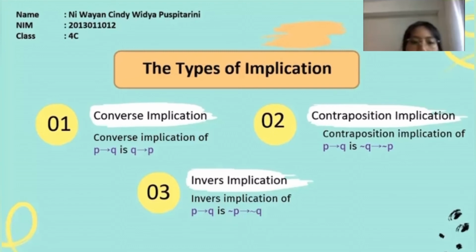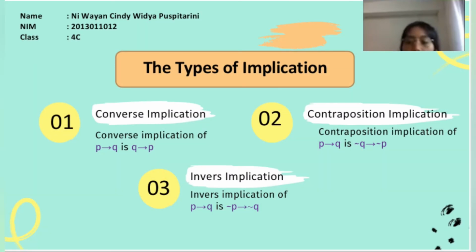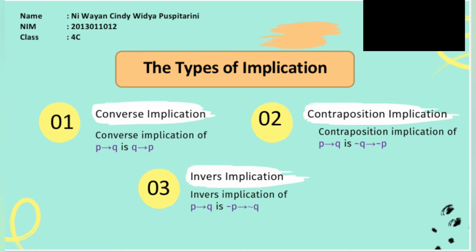The contraposition implication of P implies Q is not Q implies not P. And the inverse implication of P implies Q is not P implies not Q.